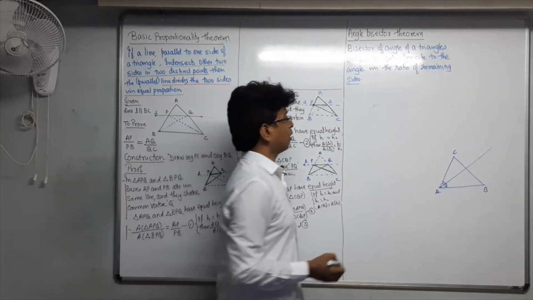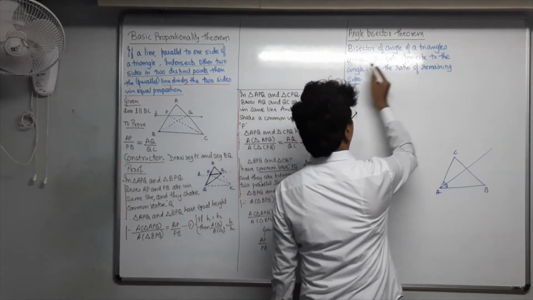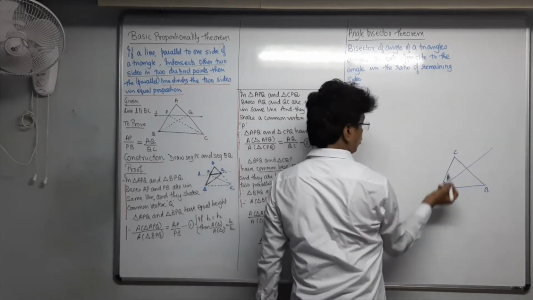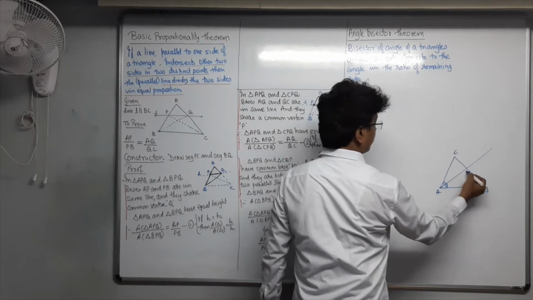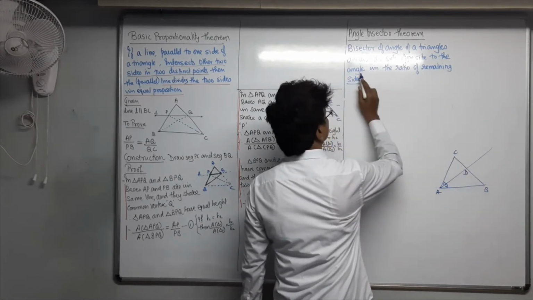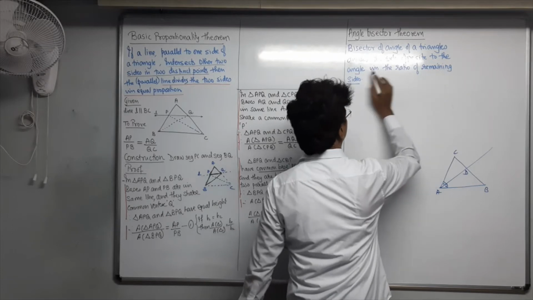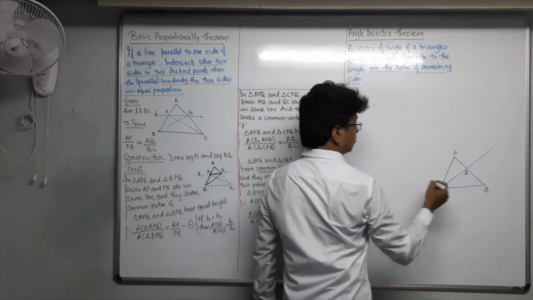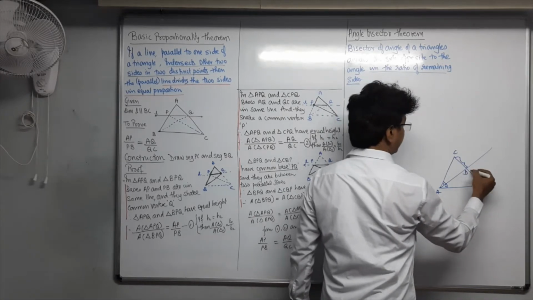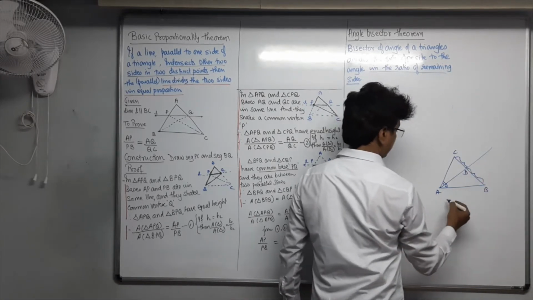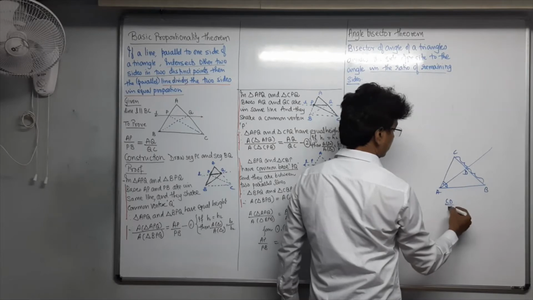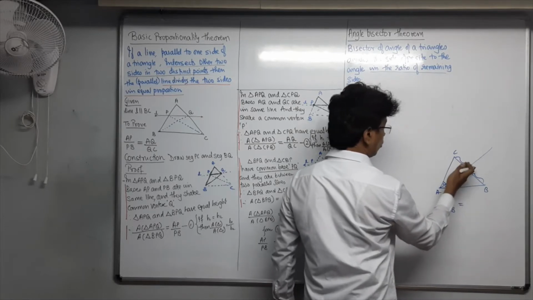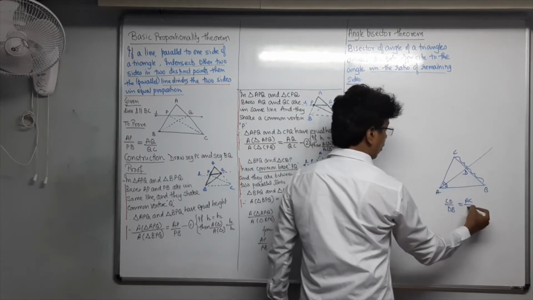Fine. Then what does this say? If the bisector of an angle of a triangle divides the side opposite to it, this is supposing D, it divides the side opposite in the ratio of the remaining sides. Means this side will be divided how? CD upon DB will be equal to AC upon AB.